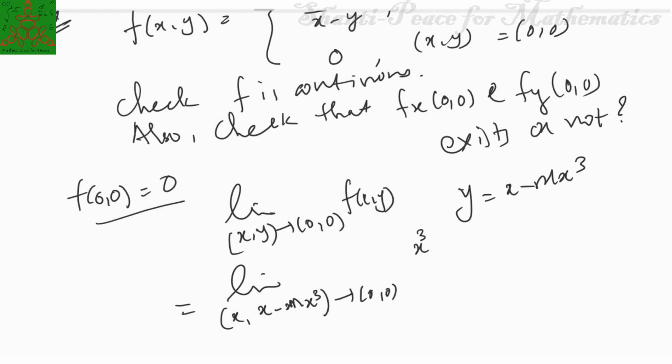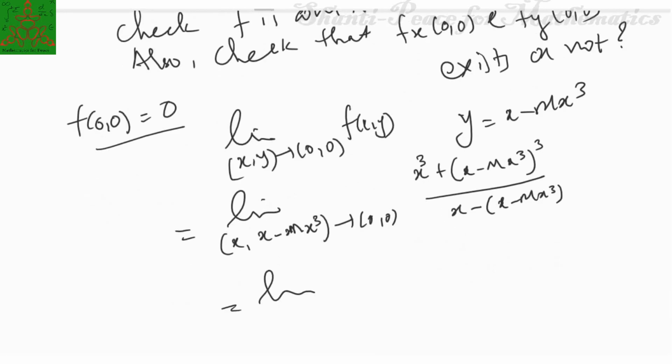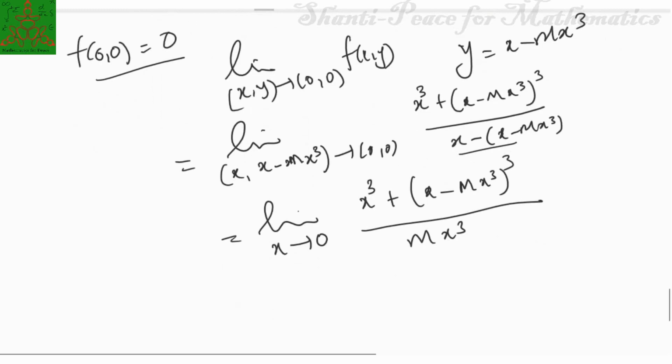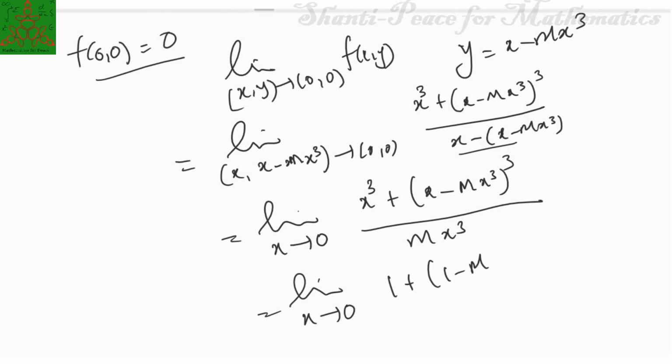The function is (x cube plus y cube) upon (x minus y), so with y equal to x minus mx cube, the numerator is x cube plus (x minus mx cube) whole cube, and the denominator is x minus (x minus mx cube), which is mx cube. You see that the x cancels out, minus minus becomes plus, and taking x cube common in the numerator, the limit as x tends to 0 is (1 plus (1 minus m x square) cube) upon m.